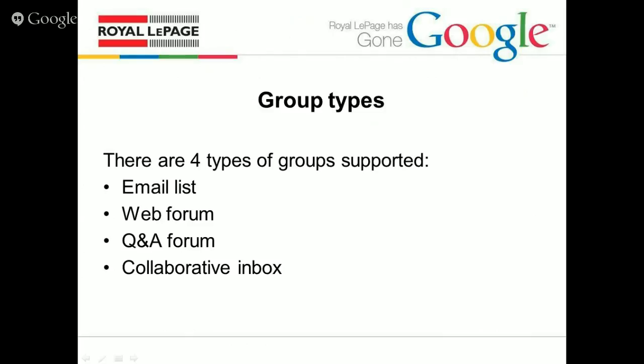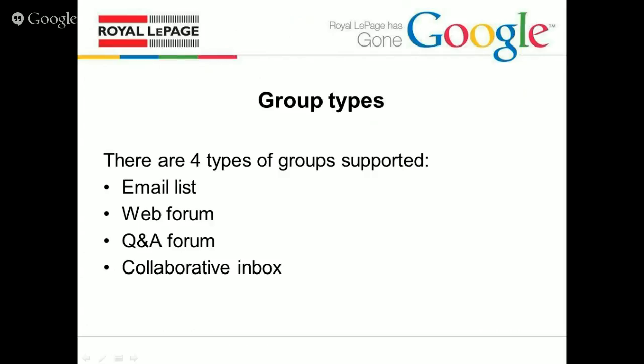The first group type, an email list, is pretty straightforward, exactly what it sounds like. It's like a database of emails that you're sending your messages to, so that would be like a blast to, say, your entire brokerage or one of your offices.